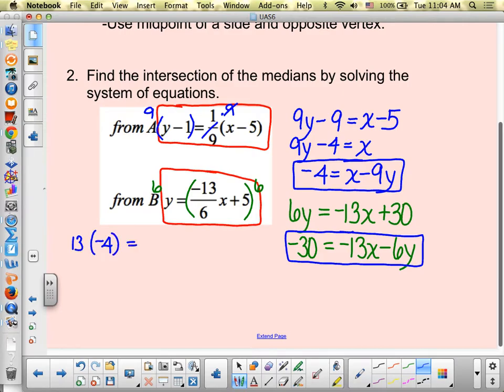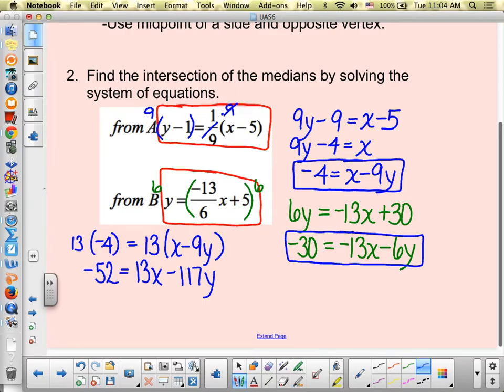So in that equation with x minus 9y, I'm going to try to get 13 x's in there so that I can do this. So I'll have negative 52 is 13x minus 13 times 9 is 117, I believe, but I'm double checking. Yep, 117y. A little bit obnoxious of numbers, but you can handle it.